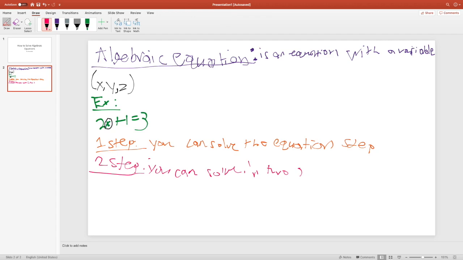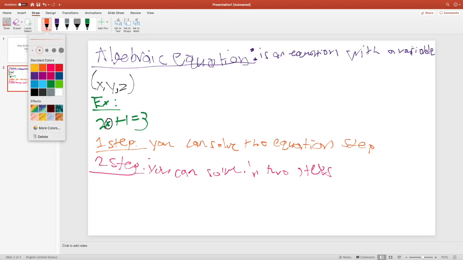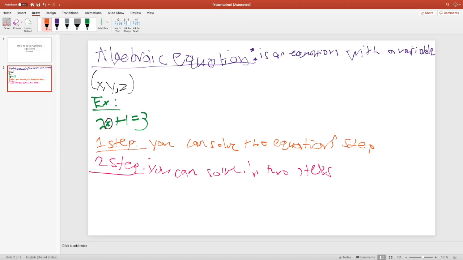Oh, I messed up in the first one. The first one is supposed to say the equation in one step. Okay, there. That's much better.